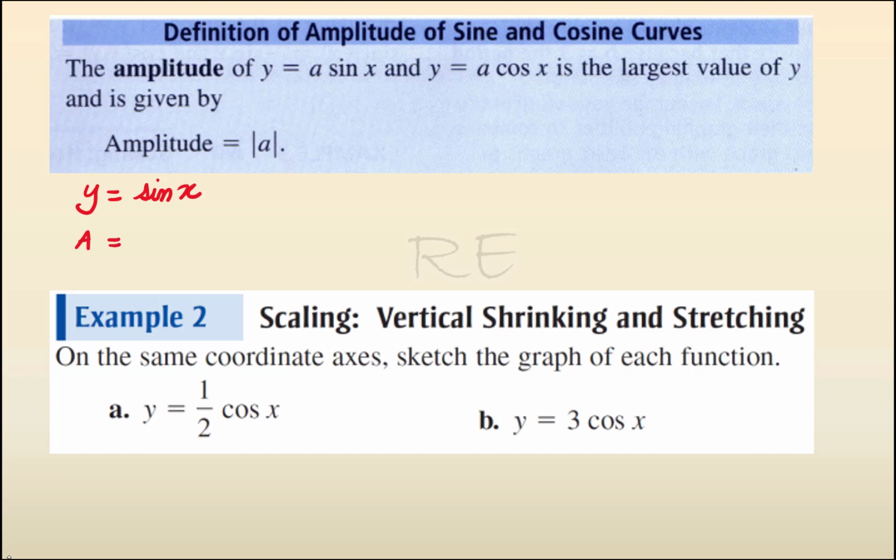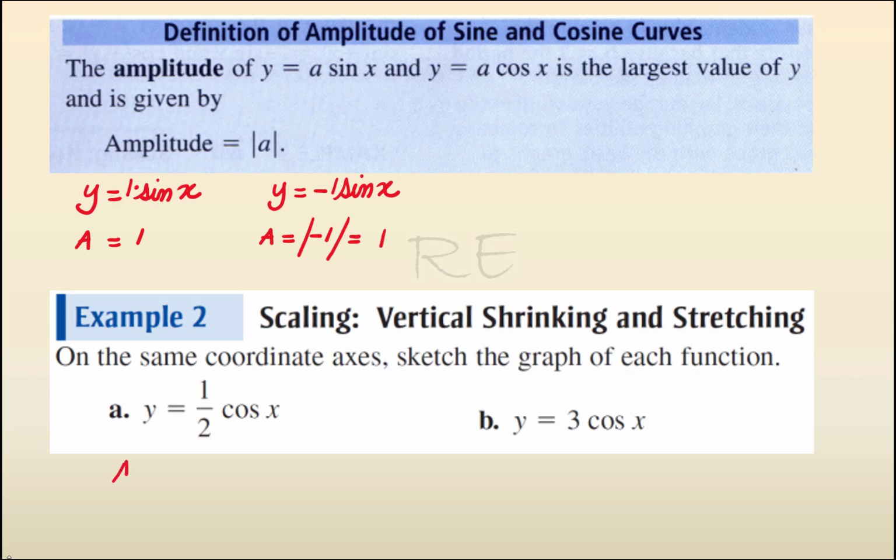If we have y equal to sine x, the amplitude is the absolute value of 1, which is 1. If we have y equal to negative sine x, the amplitude, because it's a distance, is the absolute value of negative 1, which is also 1.